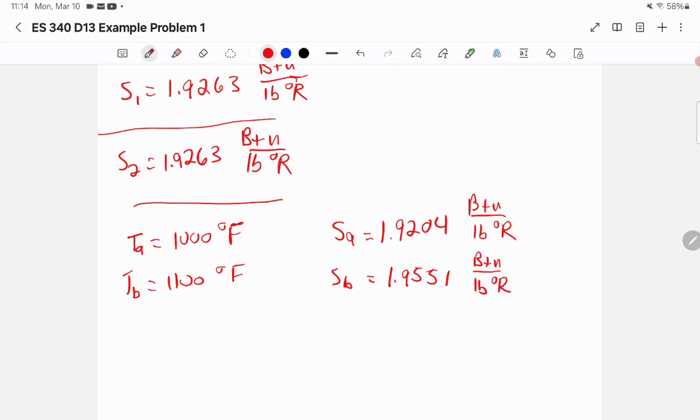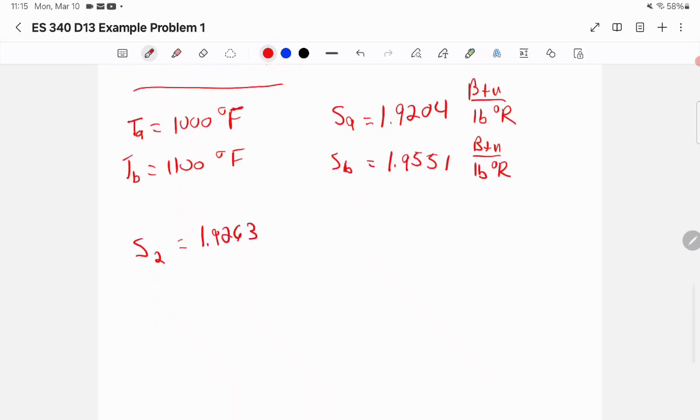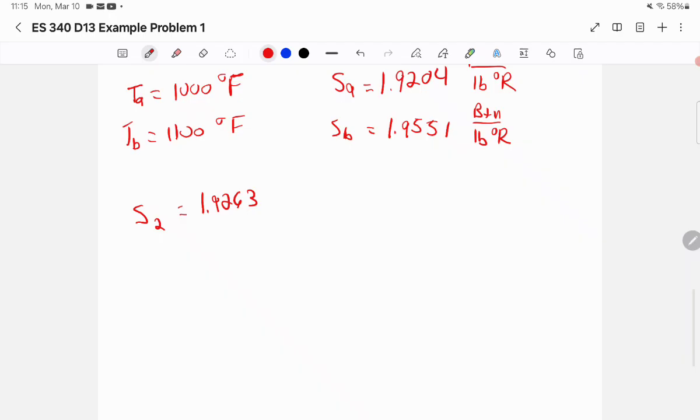Okay, so now using the tables, obviously, I was able to find these values, and I need to interpolate. So I know that I want S2 to be 1.9263. So basically, when I do the interpolation equation, I'm going to say T2 is equal to M, which is the slope, we'll get the slope in a second here, times S2 minus SA.